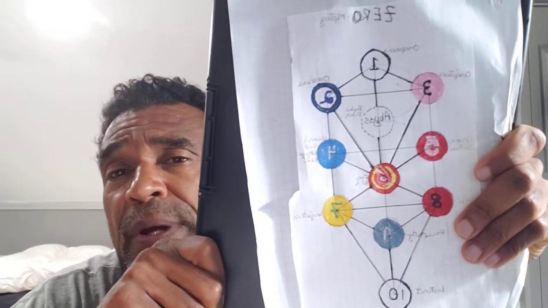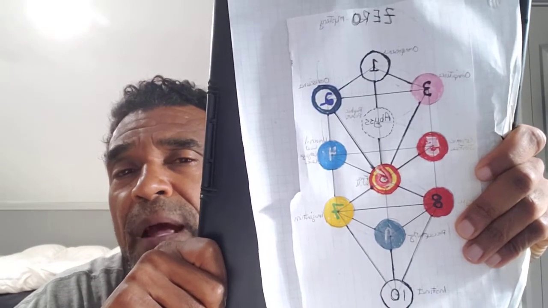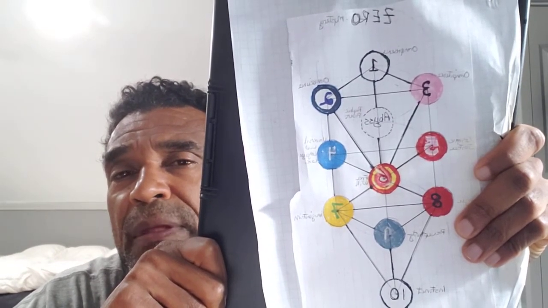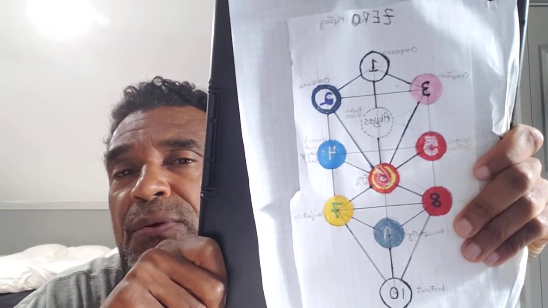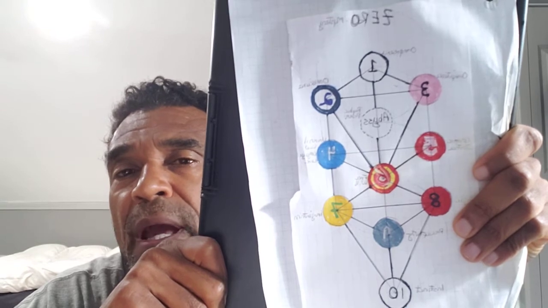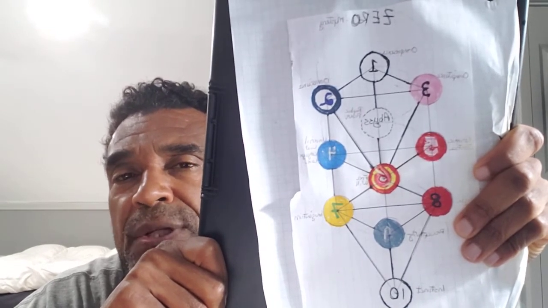Recurring names, recurring numbers, recurring themes that keep coming up. This is supposed to trigger you to think, hey, this is something important. I need to pay attention to this.